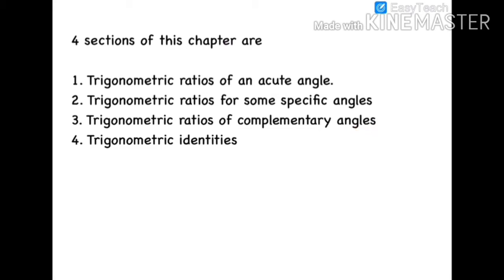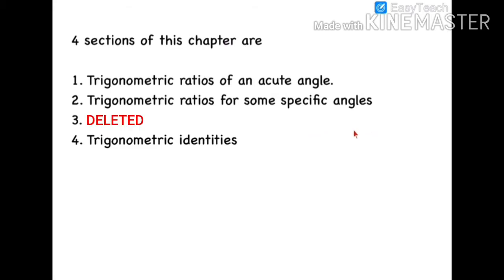But this year, this part is deleted from the portion. And so exercise 8.3 is also deleted. And last section is based on trigonometric identities. Like there are algebraic identities in algebra, there are trigonometric identities in this branch of mathematics. So let's start with the first section of this chapter, that is trigonometric ratios.